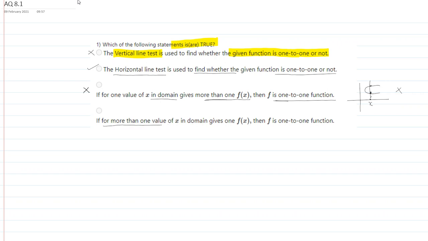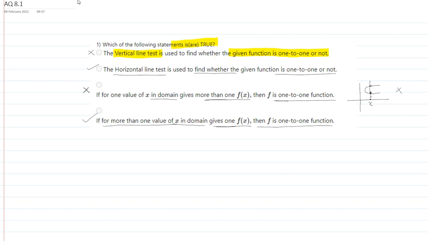If for one value of x in the domain it gives one f(x), then f is a one-to-one function, and this is correct basically.